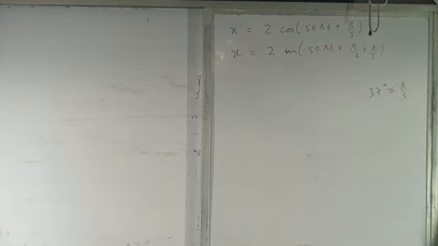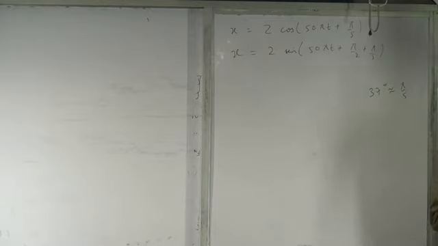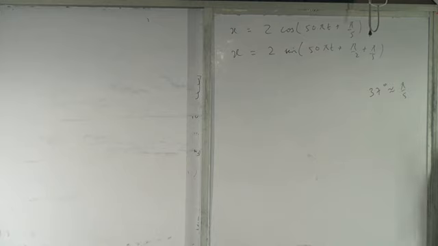Sine 90 plus theta is equal to cos theta. Sine is positive in the second quadrant. Sine 90 plus theta will be equal to cos theta.